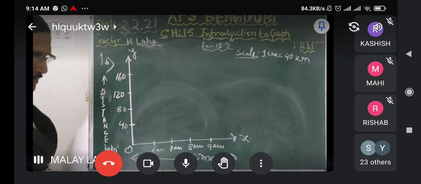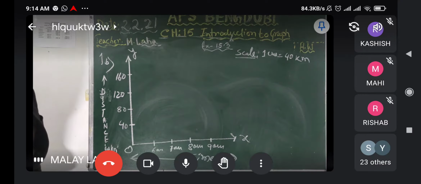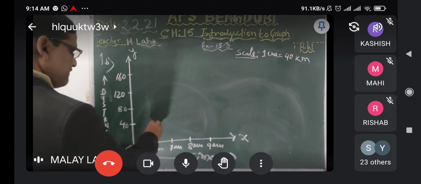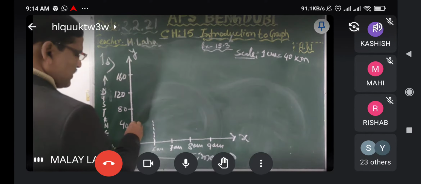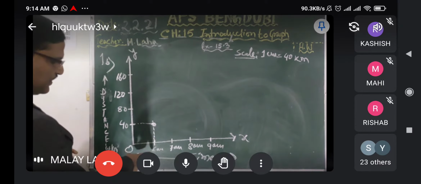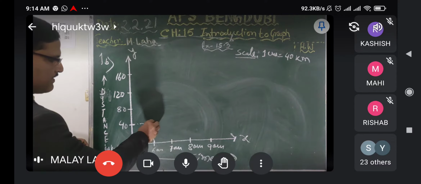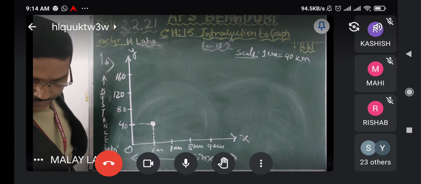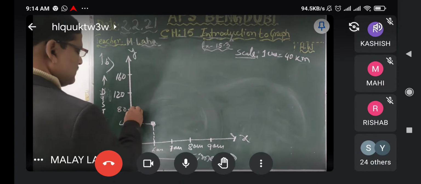Okay. Now you have to plot. At 6 a.m., how much distance is covered? 40 kilometer. Draw vertical line on the 6 a.m., horizontal line perpendicular. So 6 a.m. and 40, making a point here. Okay. Then 7 a.m. and 80.